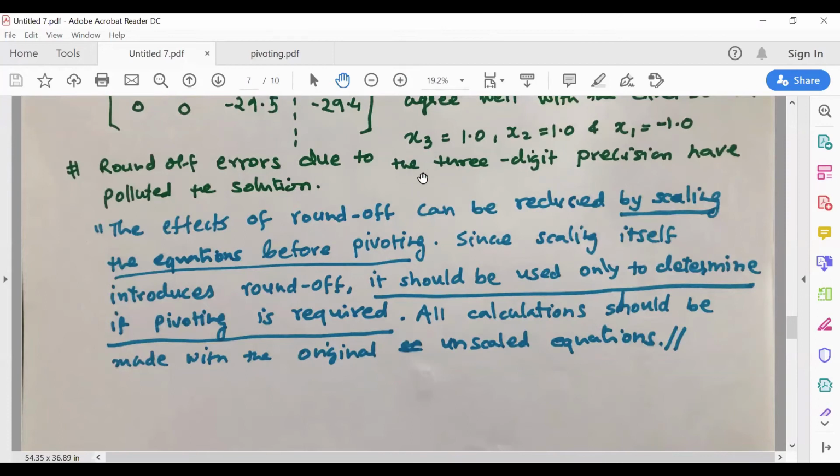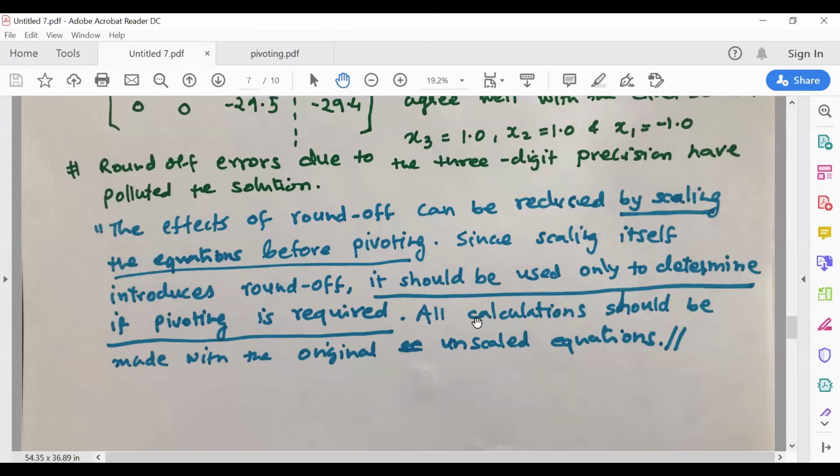Round-off errors due to the 3-digit precision have polluted the solution. The effect of round-off error can be reduced by scaling equations before pivoting. Since scaling itself introduces round-off, it should be used carefully. That's what I was discussing. Scaling is used only to select the pivot elements, nothing else, to choose a row which gives me the highest value in the major diagonal.